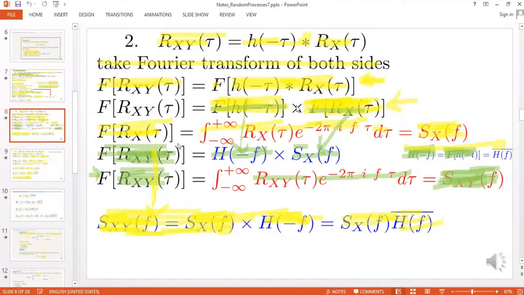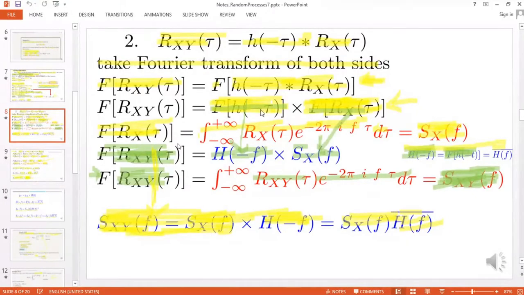If you remember the convolution theorem of the Fourier transform, which you learned in your second or third semester, it says that if you have two functions, like h(t) and R_x(tau), and you take their convolution, then the Fourier transform of the convolution of the two functions is equal to the product of their Fourier transforms. So we write their Fourier transforms individually like this.